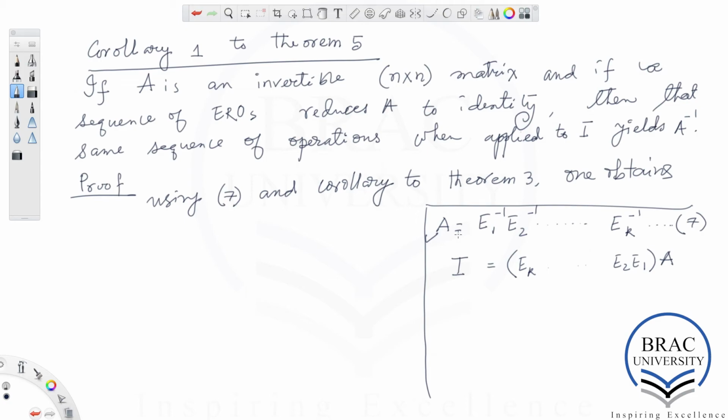So using that corollary and equation number 7, we immediately get this.